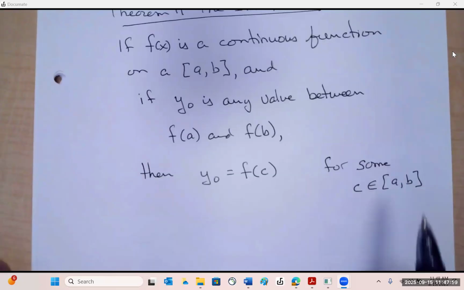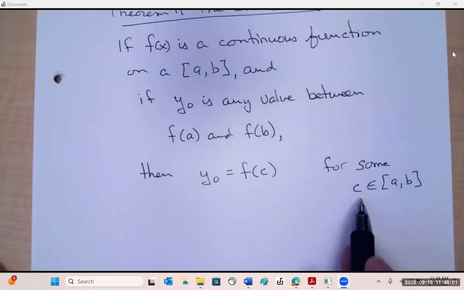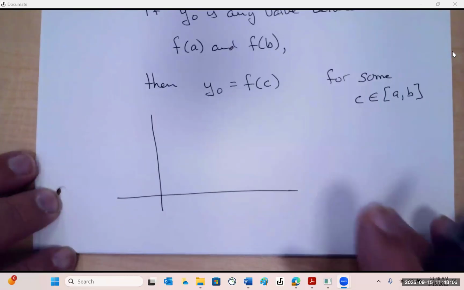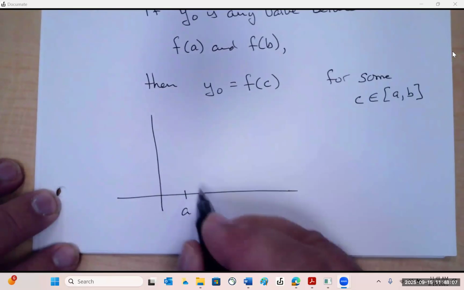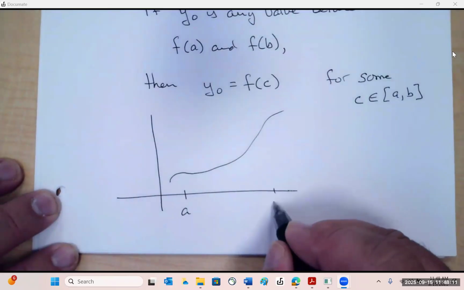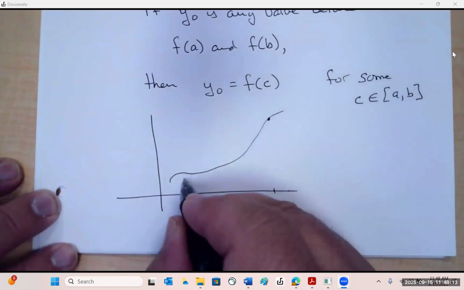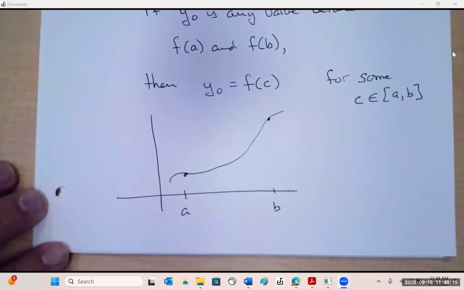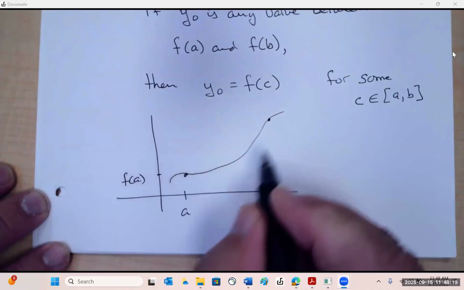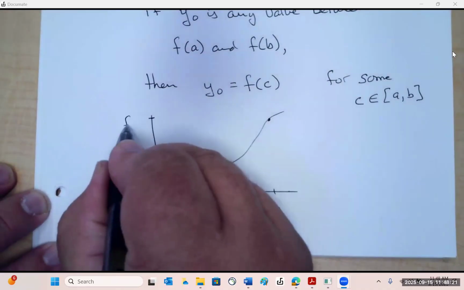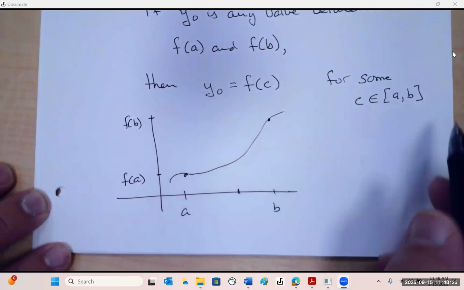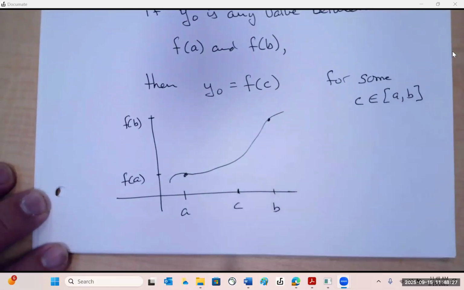So if that's the case, then if you have f of a and f of b, you can pick a c value anywhere inside that domain.